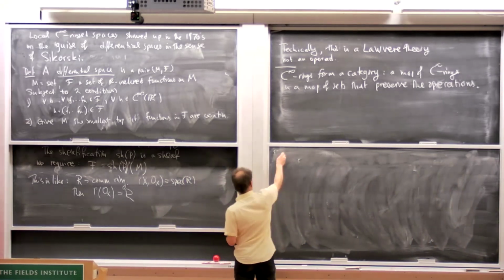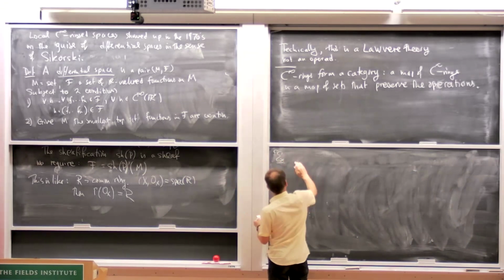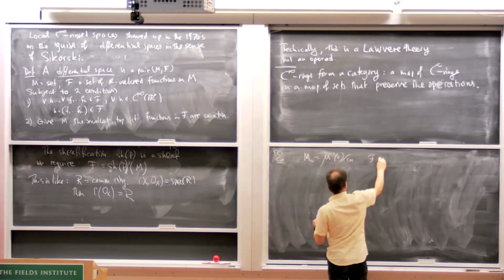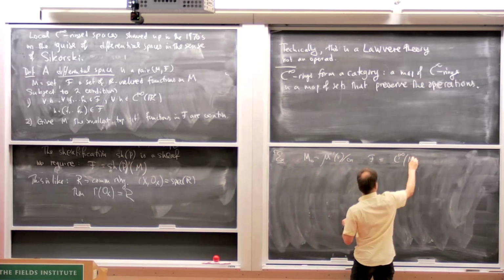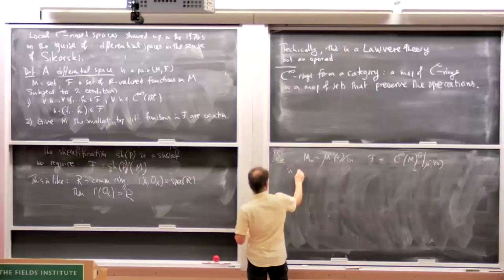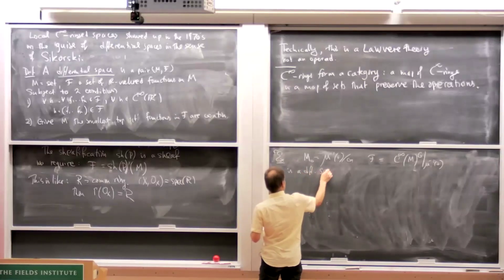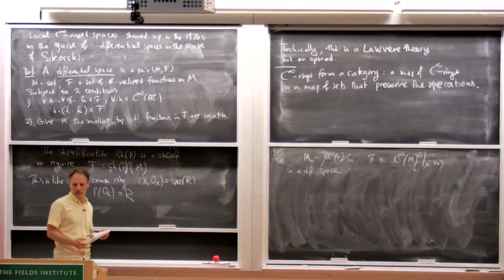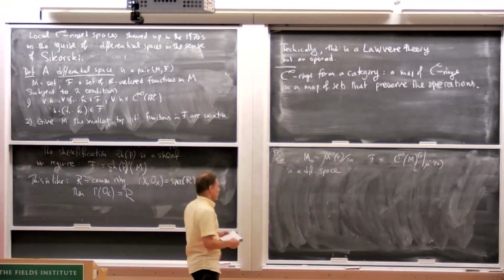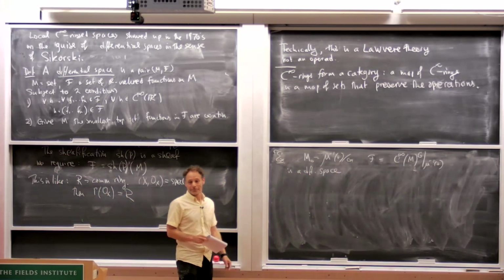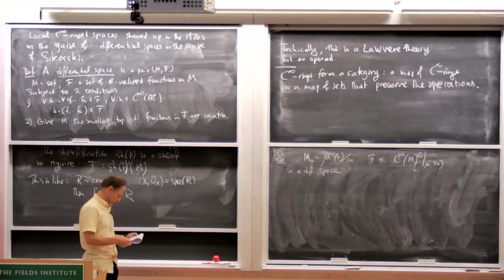So for example, if I take the reduced space, and I can take F to be smooth functions in the reduced space, that is a differential space. What's the corresponding sheaf? You just can restrict to open subsets. You don't have to sheafify anything.